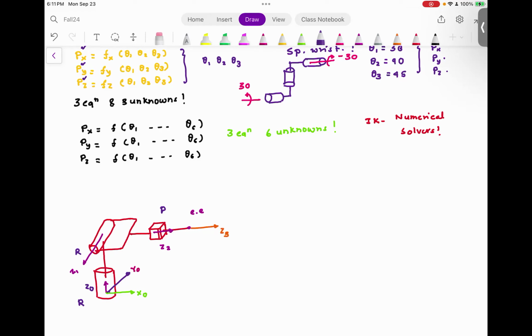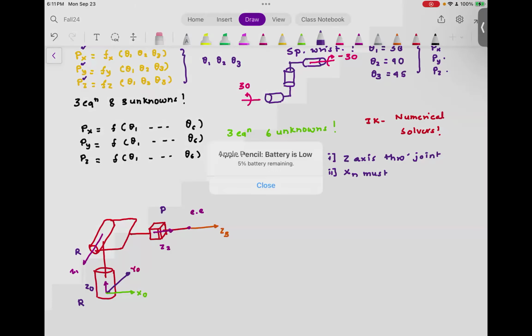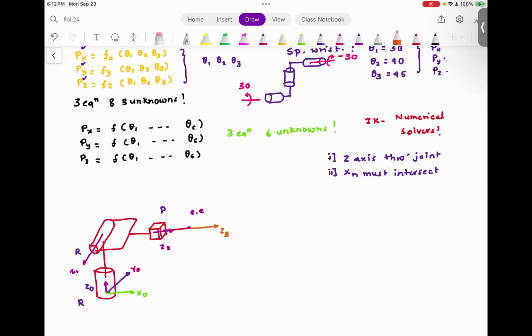Remember the rules. First rule, Z axis through joint. Second rule, Xn must intersect Zn and Zn minus 1.